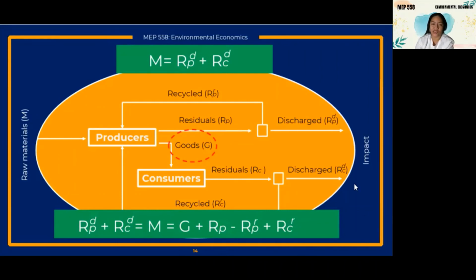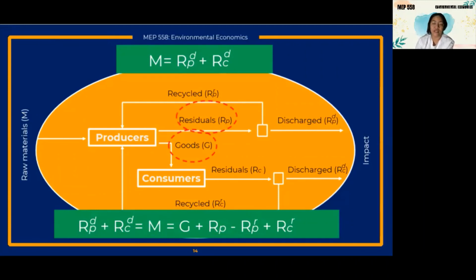And then we also have, you can reduce the residuals produced by the producers. So production residuals, on the other hand. Assuming that the other flows are held constant, this means essentially changing the amounts of production residual produced for a given quantity of output produced.